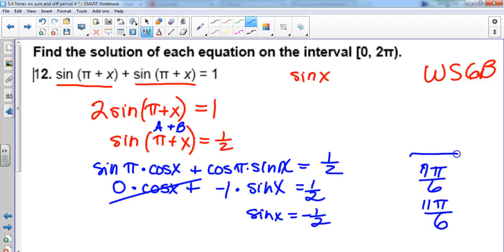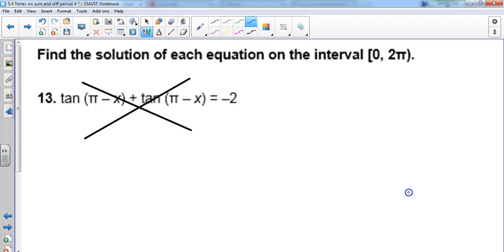We're doing sine, right, guys? Sine is negative in quadrants 3 and 4. Everybody good? All right, so that was an easy one. This is an even easier one, because I'm going to tell you we can cross it out. Not going to do any tangent ones.